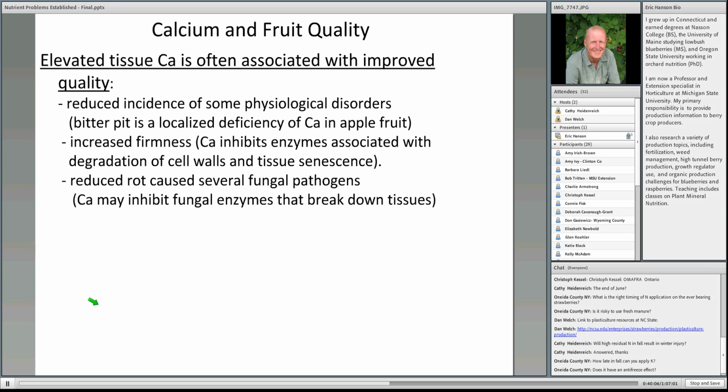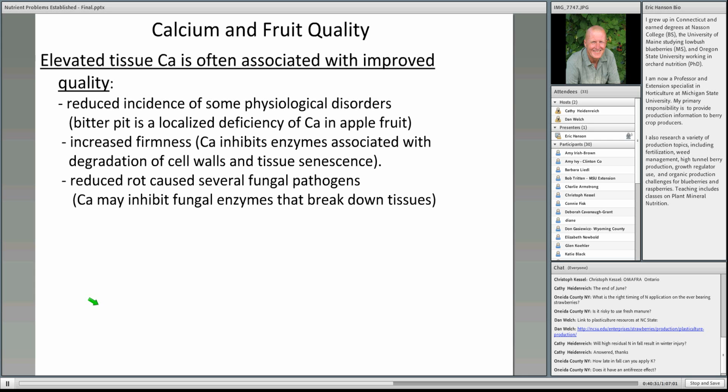Calcium and fruit quality is something that generates a whole lot of attention and interest, and for good reason, because elevated calcium concentrations in fruit tissue are often associated with improved quality, and quality is such an important variable in berry crop production.